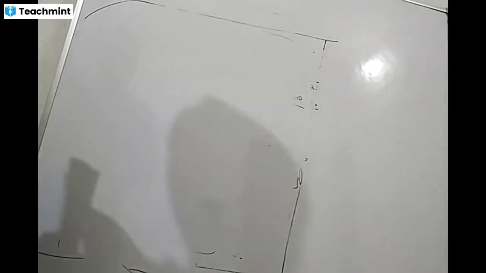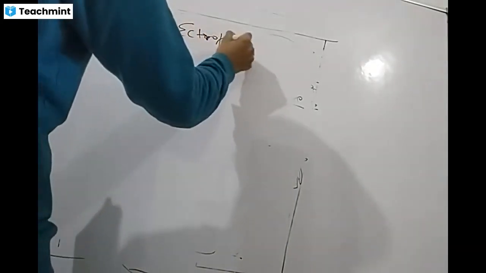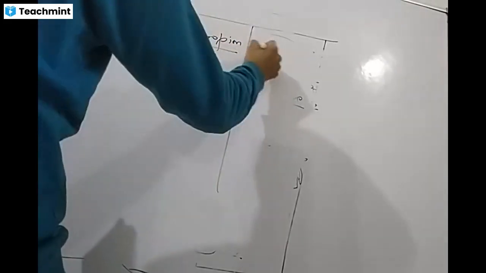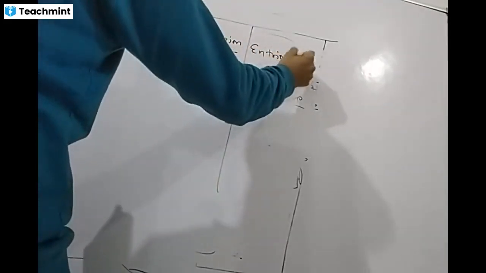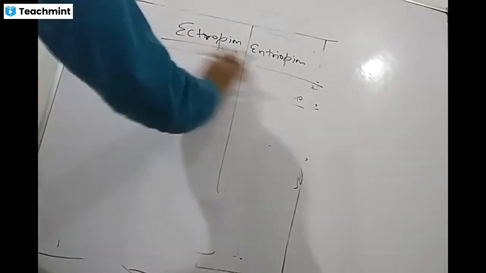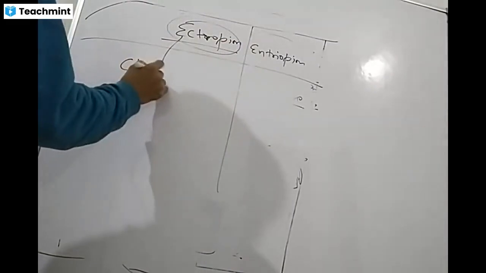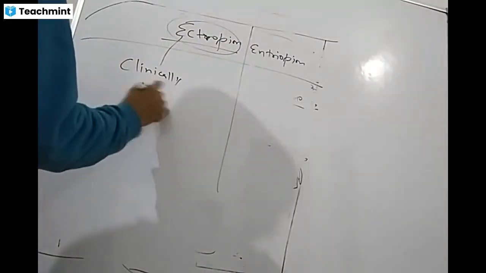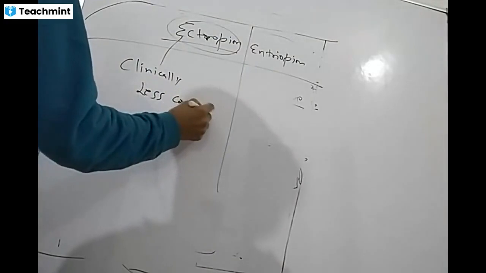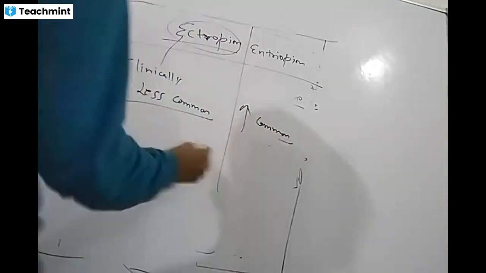The next topic is entropion and ectropion. Out of these two, clinically, one is less common and this is more common.